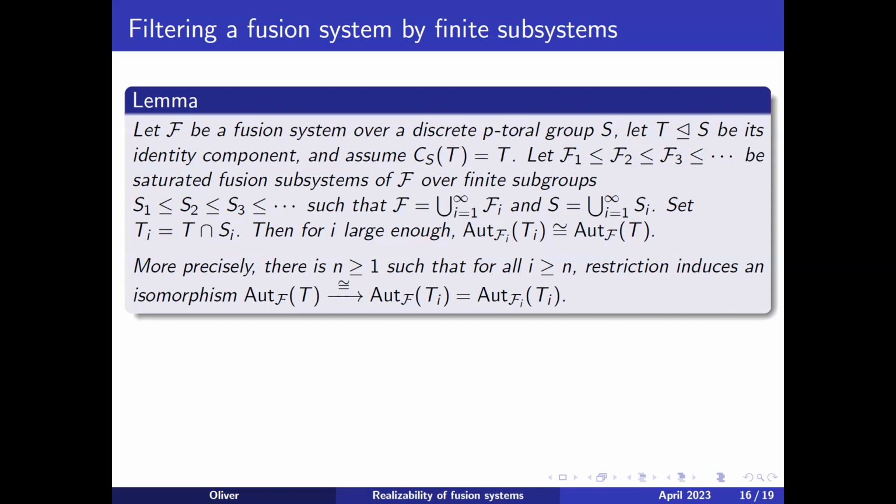Then let T_i be the intersection, T intersect S_i. Then for i large enough, you have this equality. This gets very technical, you can see, but the important thing is that Aut_F(T), which you can think of as the Weyl group of this fusion system, the automizer of the maximal torus in the fusion system, is reflected, you can read that off, is repeated in these finite subgroups once i gets large enough.